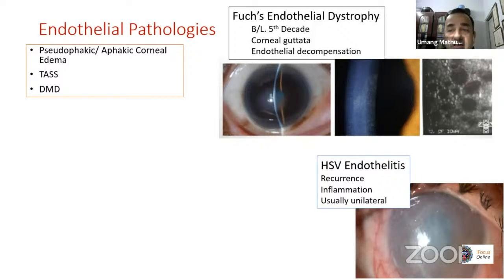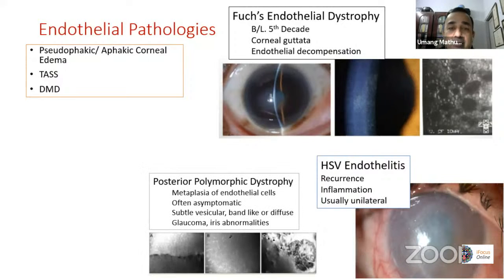How do you differentiate? There would be a history of recurrence. There could be signs of recent or old inflammation with blood vessels on the cornea and corneal scarring, and it's usually unilateral.